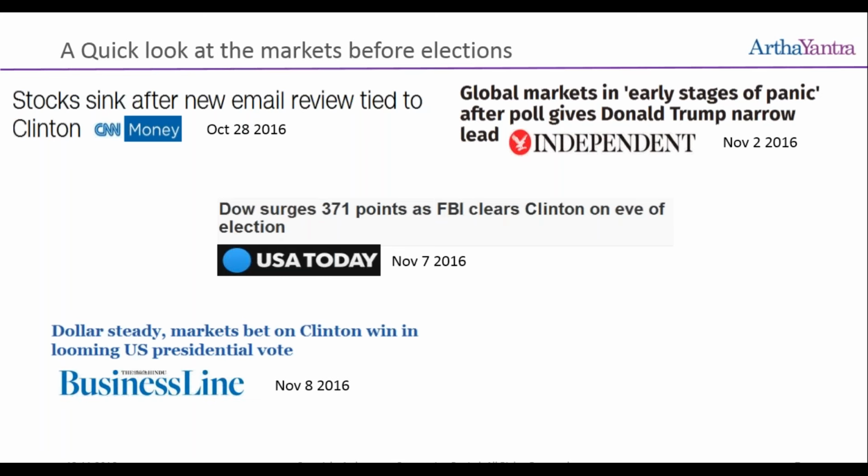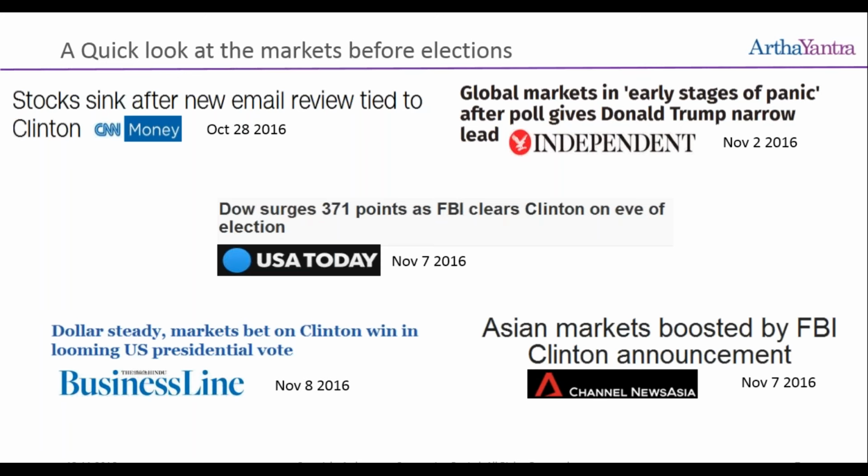After that, we see that the markets are trading and taking decisions assuming that Clinton is going to win. For example, the dollar remained steady because Hillary Clinton was expected to become president. The Asian markets also rose because Clinton was expected to become president.